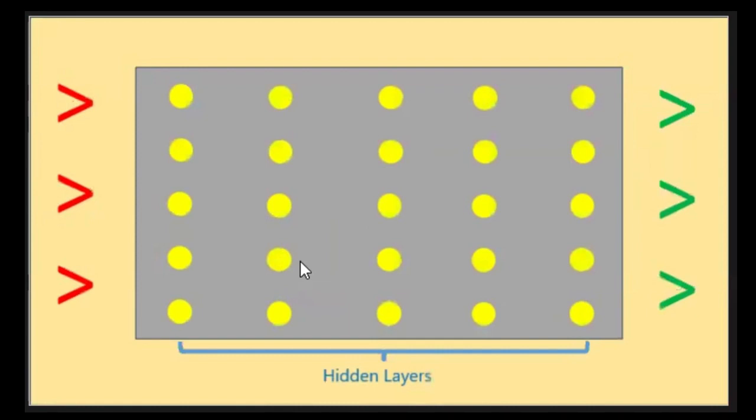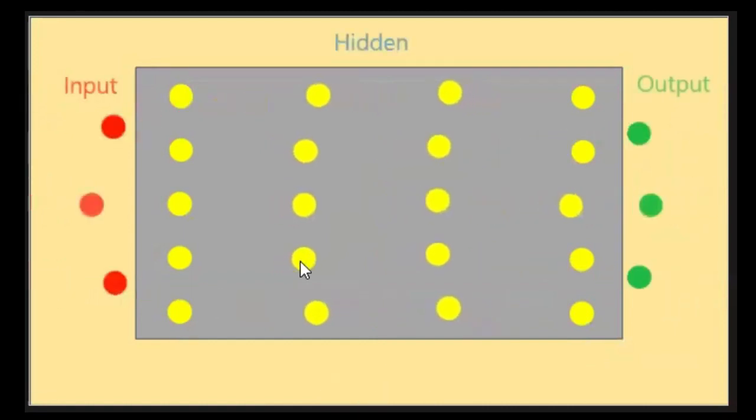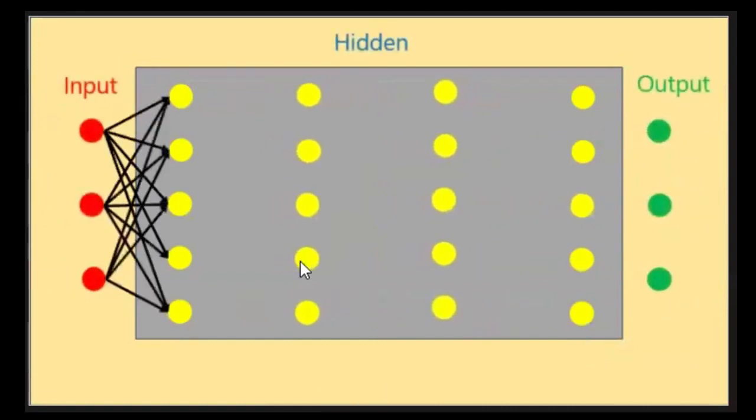We call those neurons the output layer. In between, there are multiple neurons: neuron, neuron, neuron. So these neuron layers are known as hidden layers. So if you take any neural network, we have an input layer, output layer, and hidden layers, interconnected like this.